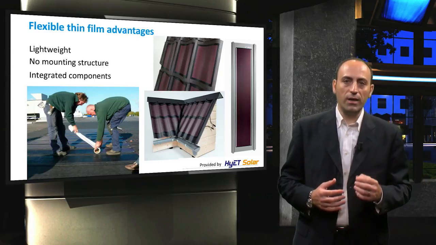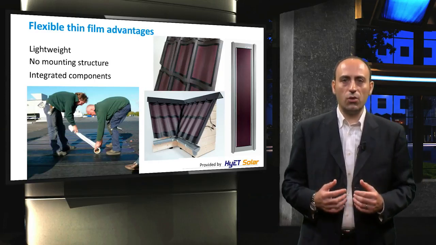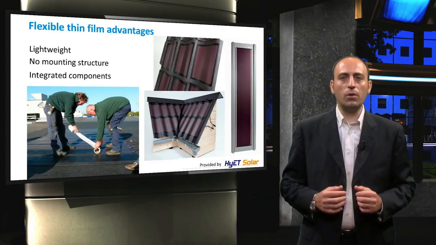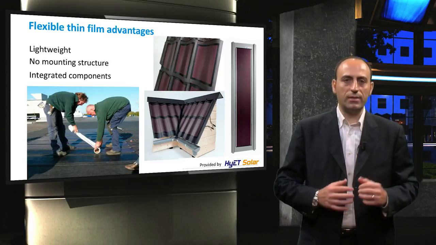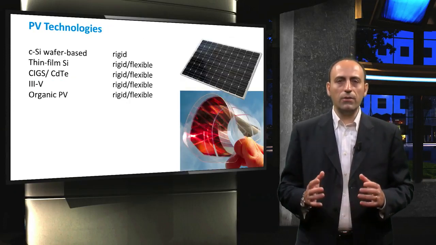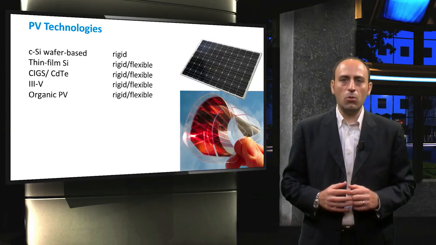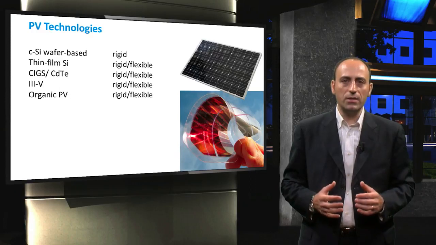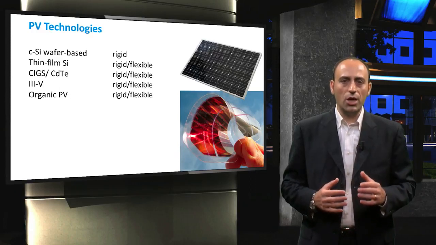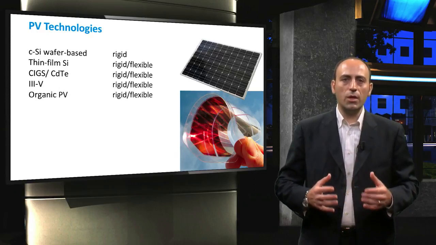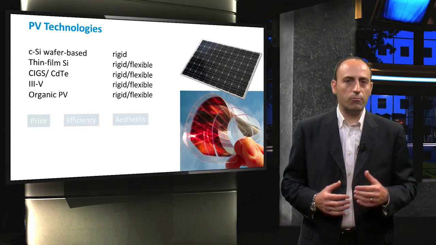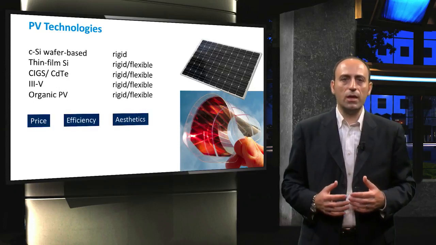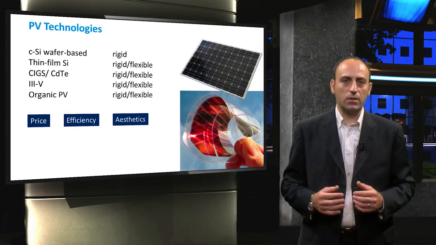The question for an engineer is how to make this choice, since there is no straightforward way for choosing this or that technology. Currently, crystalline silicon-based modules are dominating the market because of the relatively low price and good yield. In general, however, the choice will depend on criteria like the price, conversion efficiency, available space, and also aesthetics.